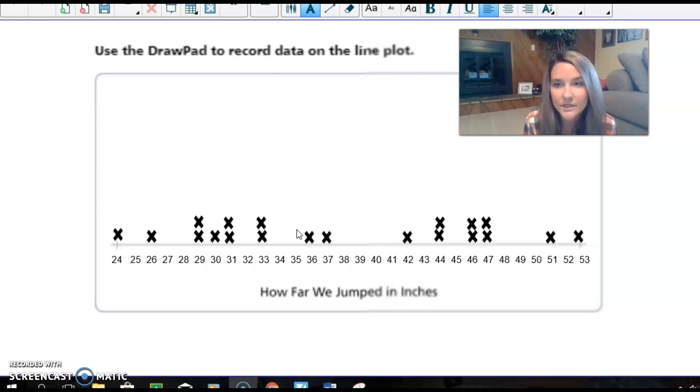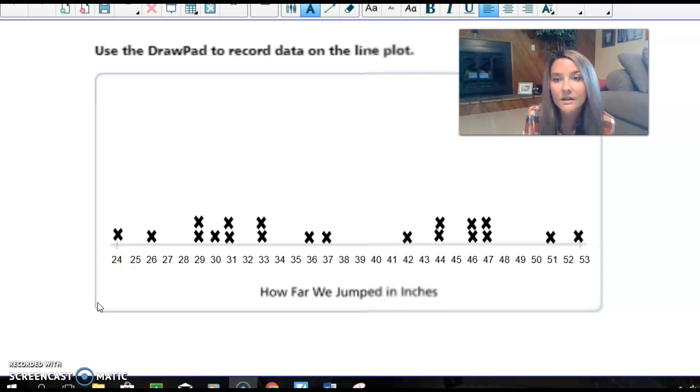What was the shortest distance jumped? Well, since I'm asking about the distance, I'm asking about the measurements. I look down here at the numbers, and 24 inches was the shortest distance jumped.